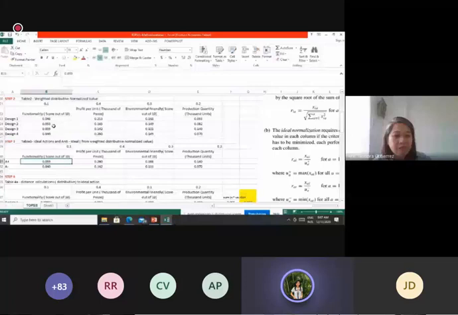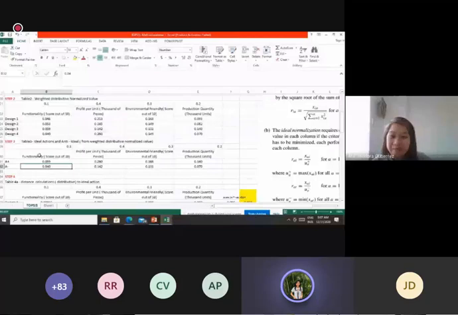The highest score for this is 0.059, so we write this as your ideal value. And for the anti-ideal value for this criteria functionality, we refer to the lowest value of this table, the weighted normalized value, 0.040. And the same goes with the other criteria.